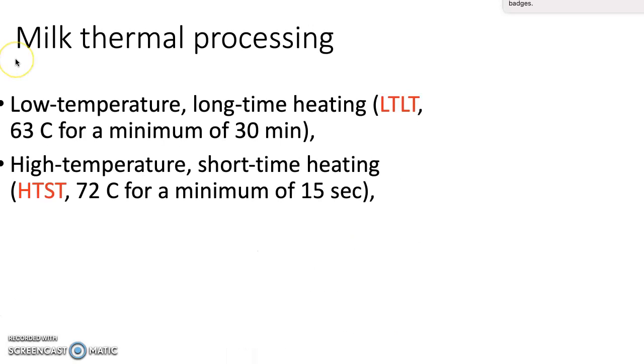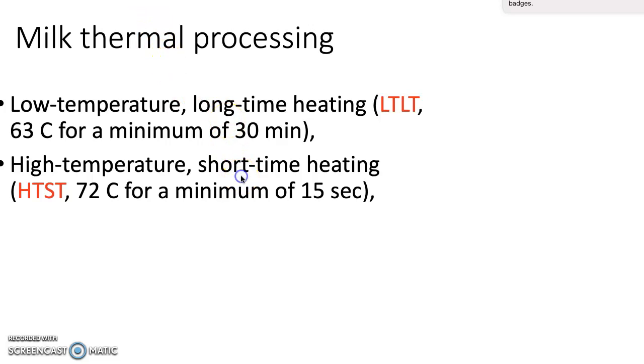The first is called low temperature, long time heating, in abbreviation LTLT, which is 63 degrees C for a minimum of 30 minutes. And then the second type of pasteurization is high temperature, short time heating, in short HTST, which is 72 degrees C for a minimum of 15 seconds.